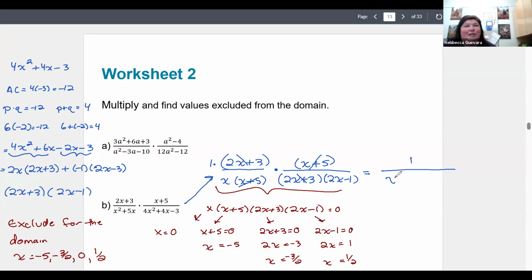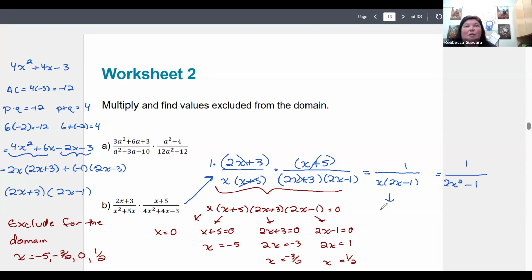On the bottom, we're just left with x, 2x minus 1, which simplifies into 1 over 2. Sorry, that was a little messy looking. Let me fix that just a little bit. X, 2x minus 1, 1 on top.